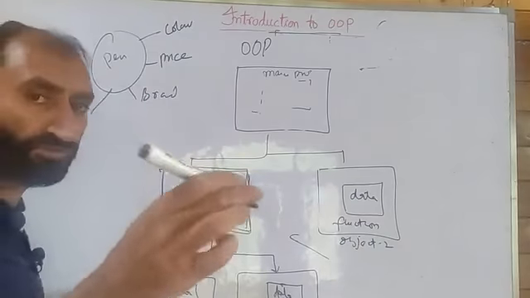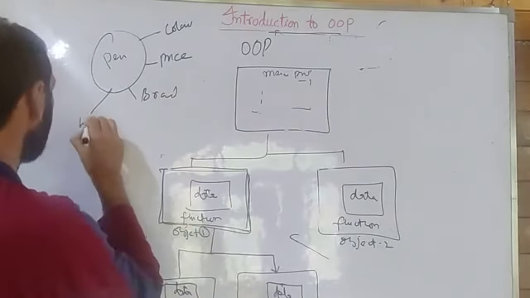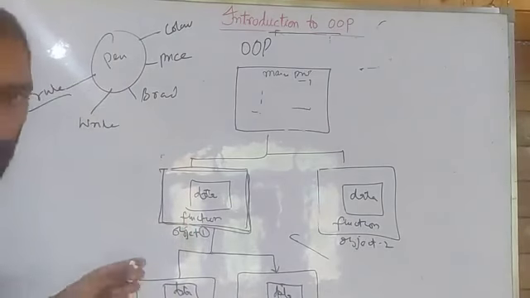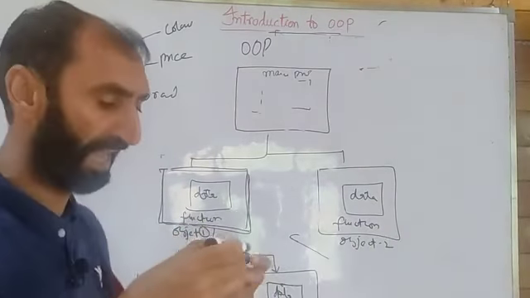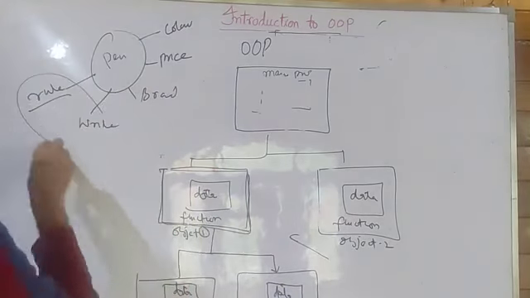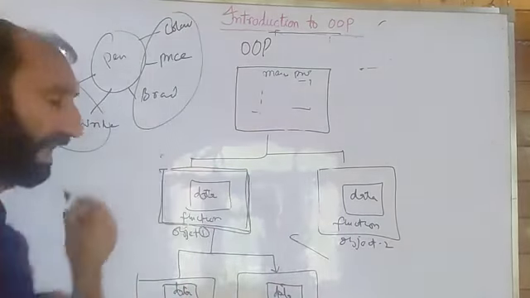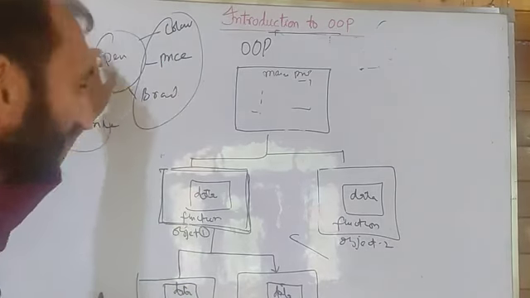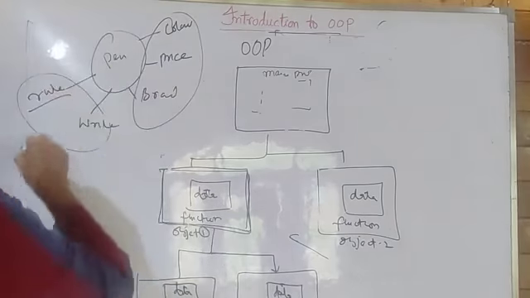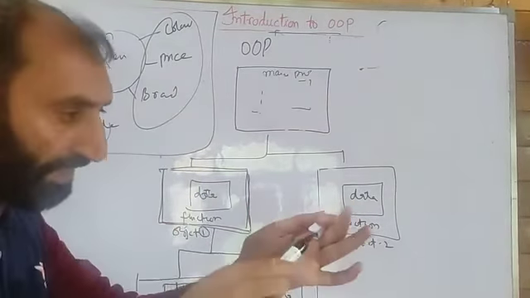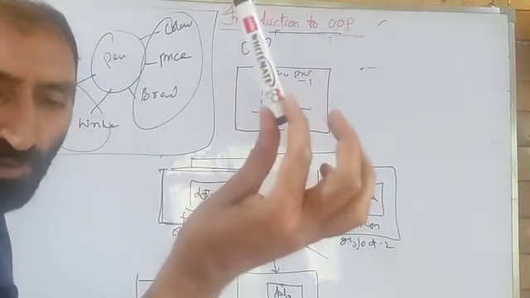It also has some functionality, such as we can write, and we can use it as a ruler as well. So these are the attributes and these are the functions. These are the data associated with the pen and these are the functions associated with the pen. Both the pen data as well as the functions are bundled into a single unit, which is called an object.